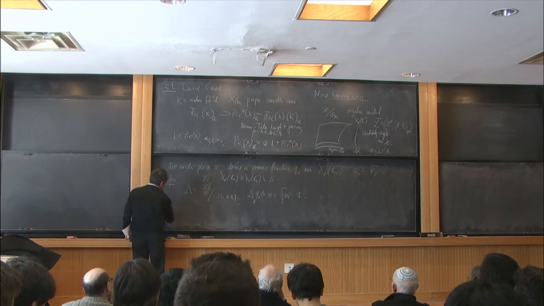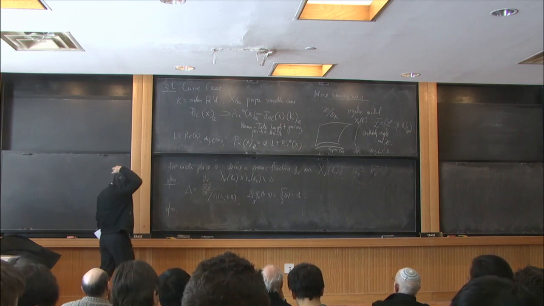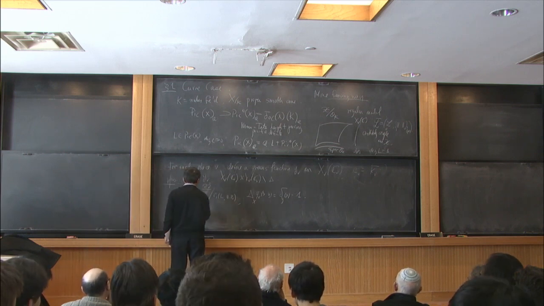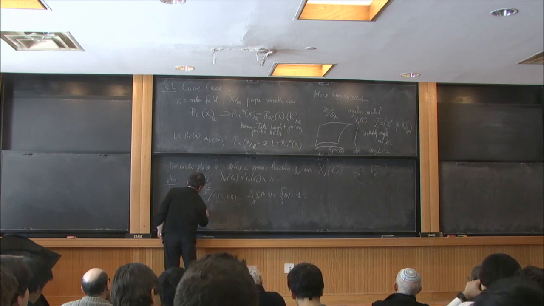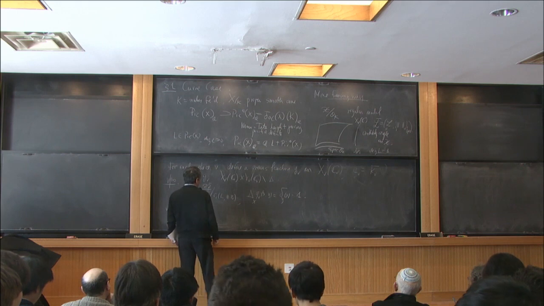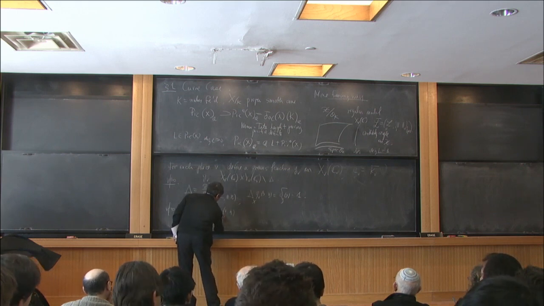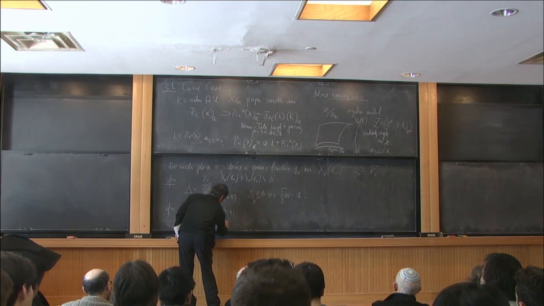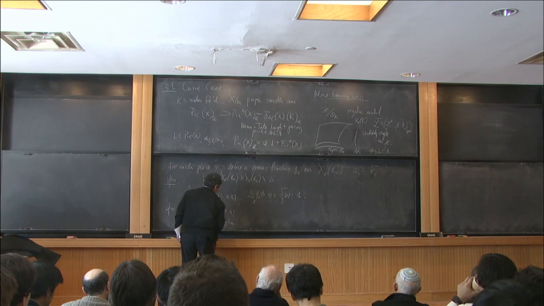For v not dividing infinity, you can do a similar thing. What we're going to do is that g_v(x,y) will be i_v(x,y), the intersection of the closures x-bar and y-bar.